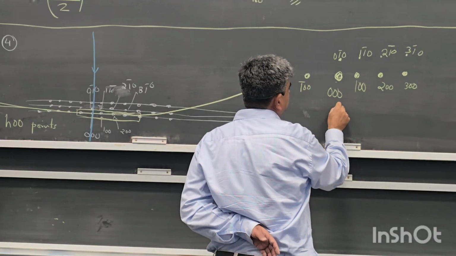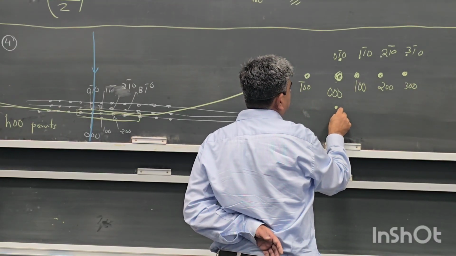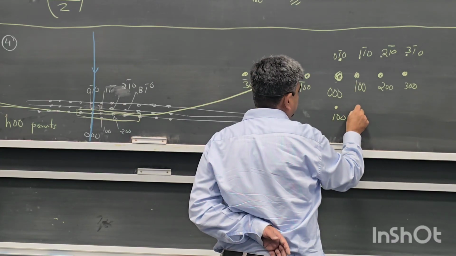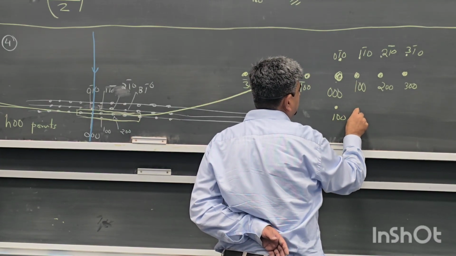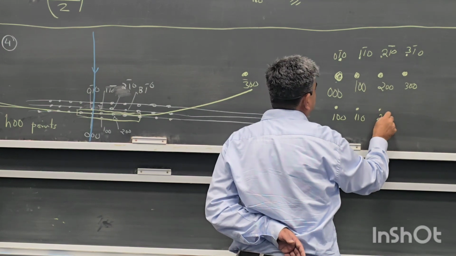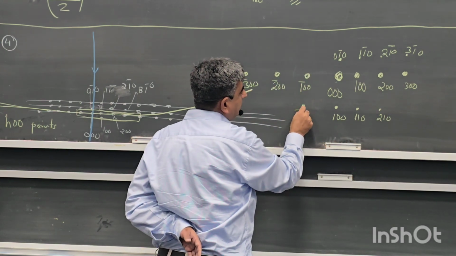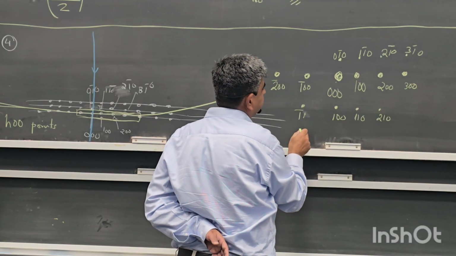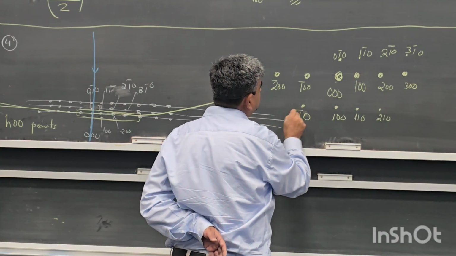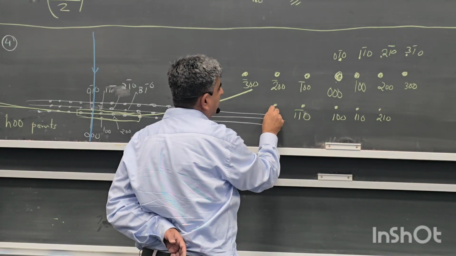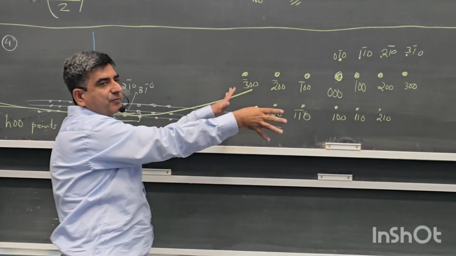I'll get a point here 1 0 0, 1 1 0, 2 1 0, 1 1 bar 0, 1 2 bar 0, and so on. So I'll get a host of points.